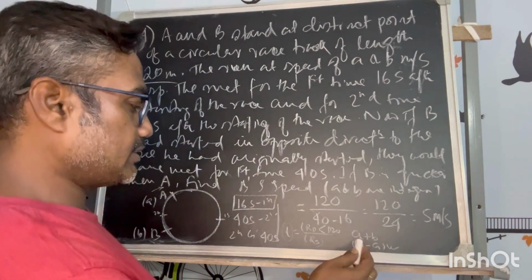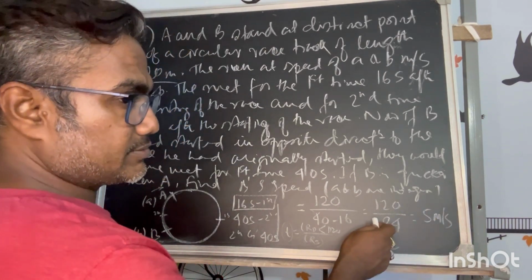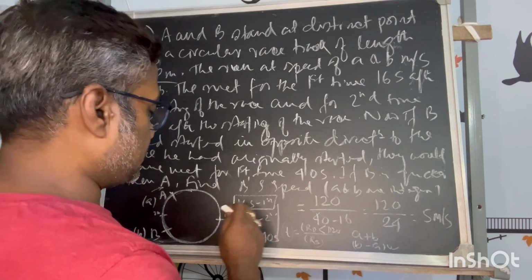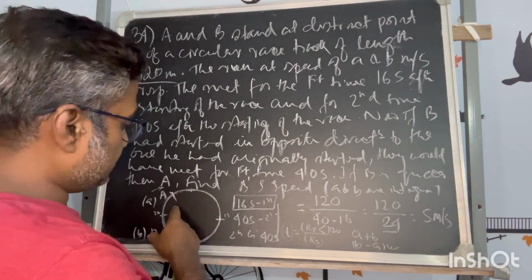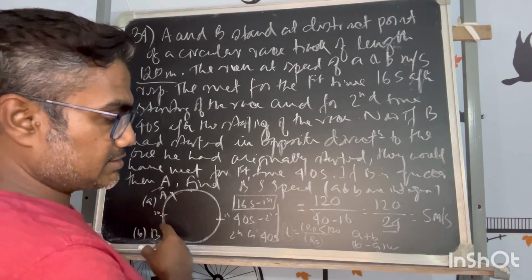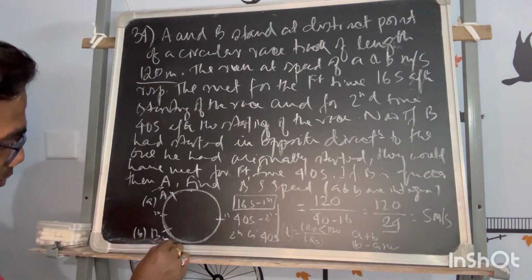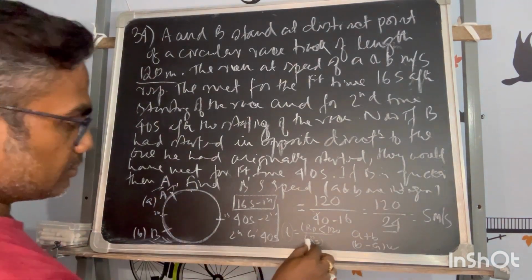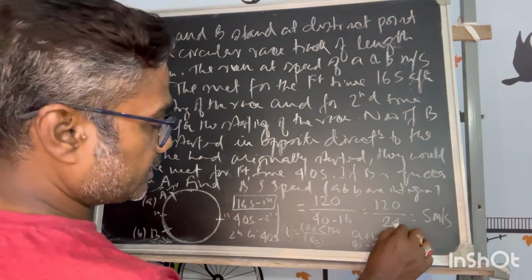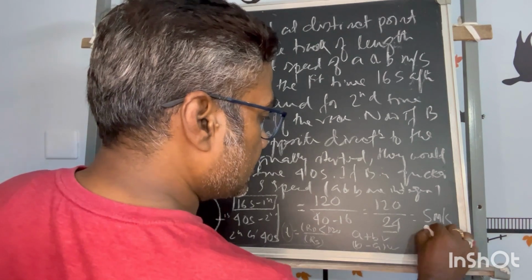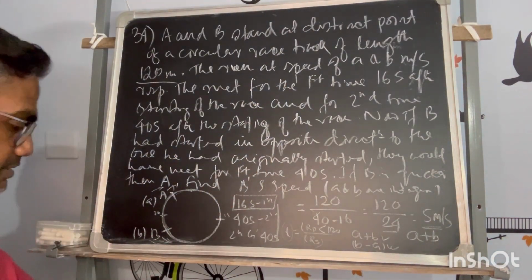So we can conclude that in the first case, as the time taken is less to cover the relative distance of one lap, they must move in opposite directions, because the denominator has to be more. So we can conclude that this value is nothing but a plus b. Fine, the first case is over.